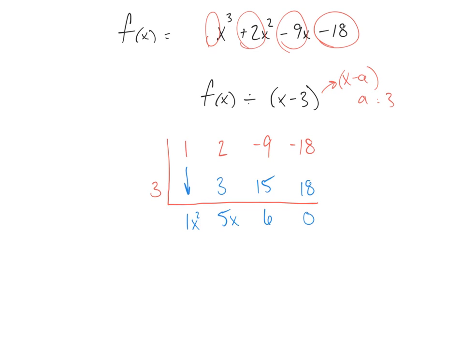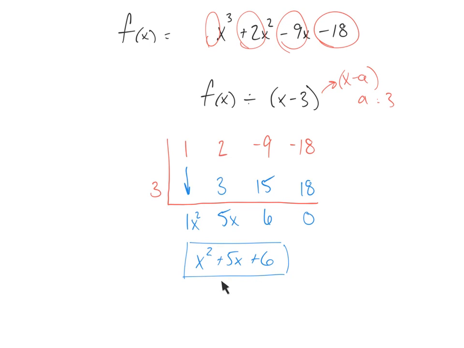All right, so our final answer is x squared plus 5x plus 6, and we do not have a remainder. So when we divide this f of x by x minus 3, we get this quadratic right here.